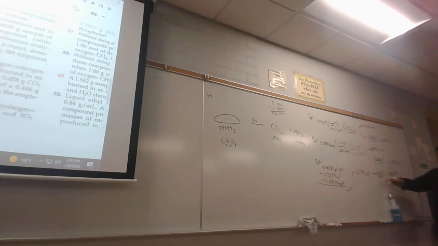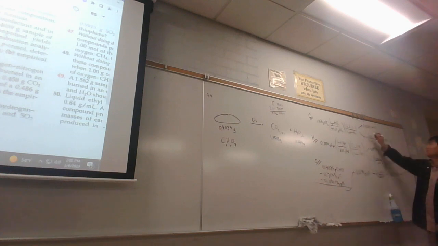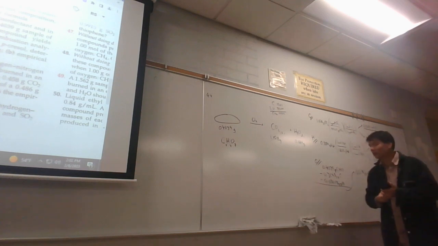I'm only allowed 4 sig figs, so 0.0037157 moles of O. The formula is the simplest mole ratio, so let's go ahead and get the mole ratio here.